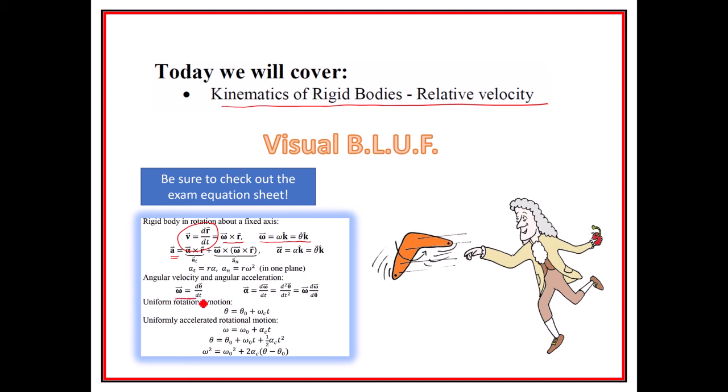Angular velocity is the time rate change of the angular position. And the angular acceleration, which we call alpha, is the time rate change of that angular velocity. It can also be thought of as the second derivative of the angle with respect to time. Or we have a third way to write the angular acceleration, which is the angular velocity times the position rate change of the angular velocity.